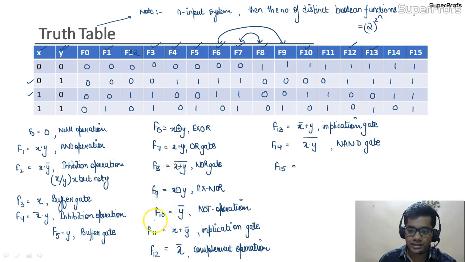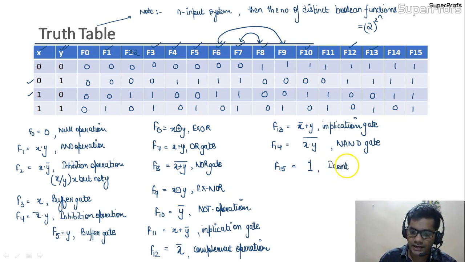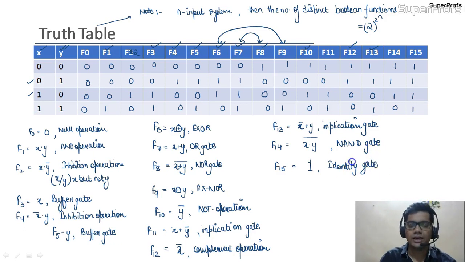So it is known as the identity gate. So F15 is 1, which is known as our identity gate. Okay, so in this table we are able to understand the different distinct possible Boolean expressions or functions for a two input system.